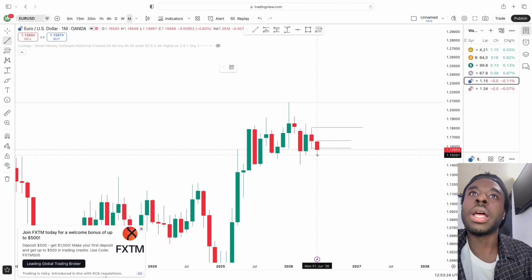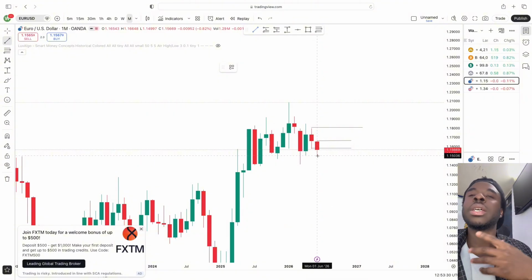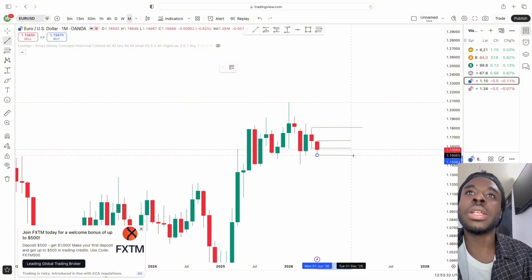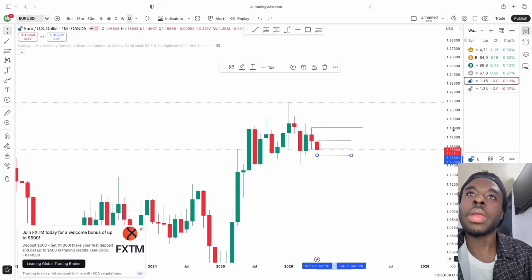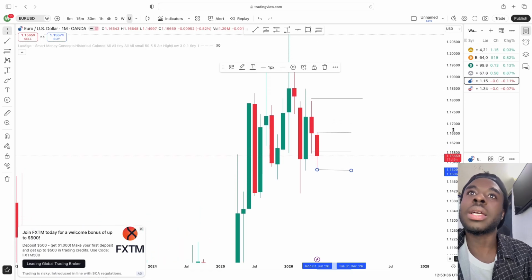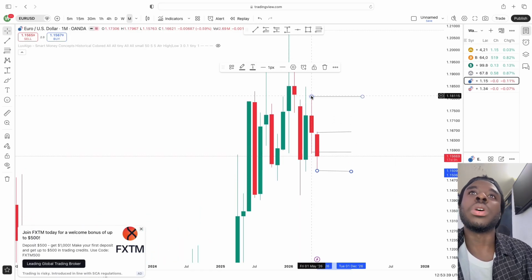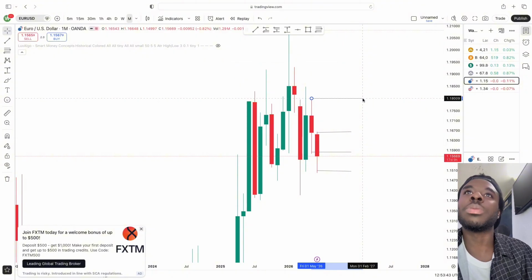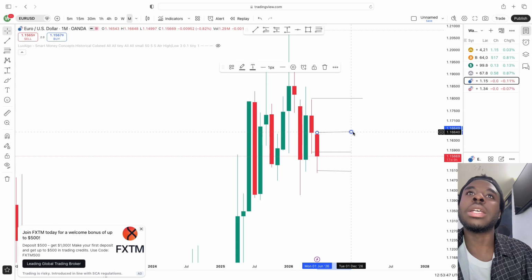We've just completed 1 week of June, so that's why I included last month. So we are going to mark the lowest point of June. Like you can see, we've marked the highest point and the lowest point of May, and the highest point and the lowest point of June.